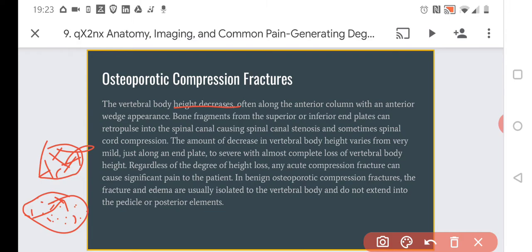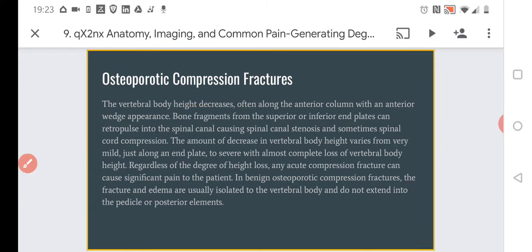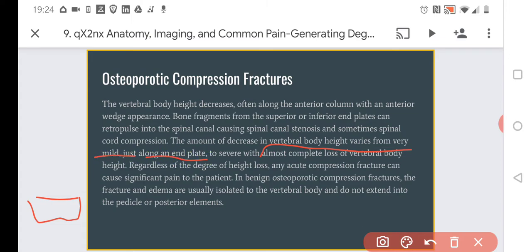It's just like a sack with rocks. So it just goes where the ligaments allow it to go. So obviously it will have a reduced height and will go more to the sides, generally speaking. The amount of decrease in vertebral body height varies from very mild, just along the end, to severe.